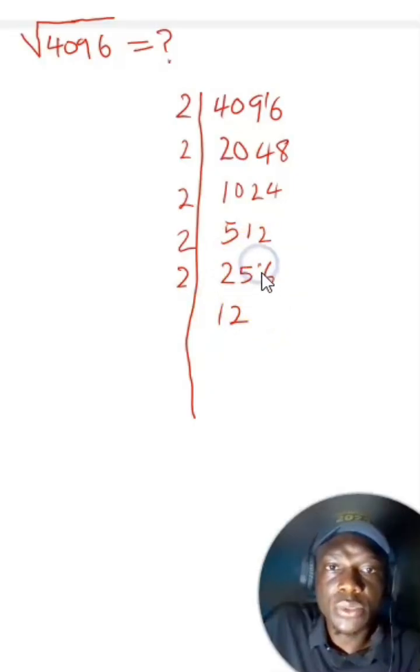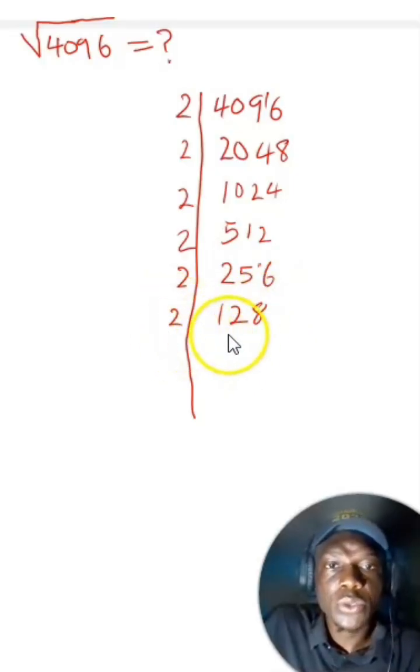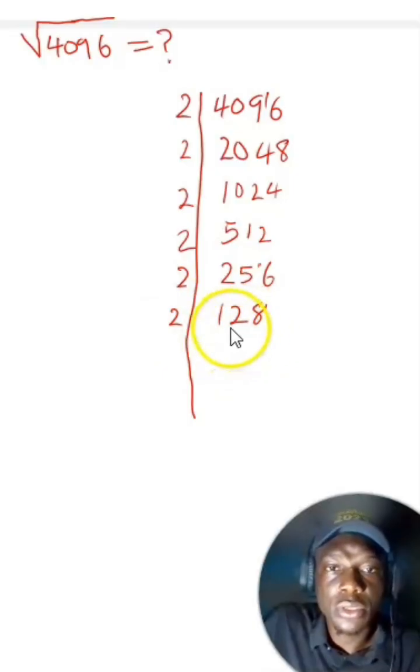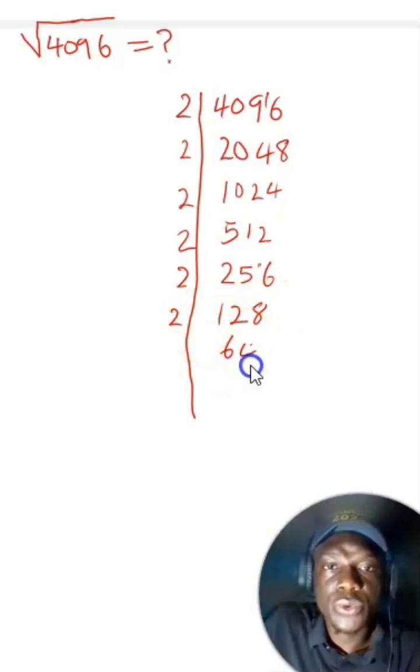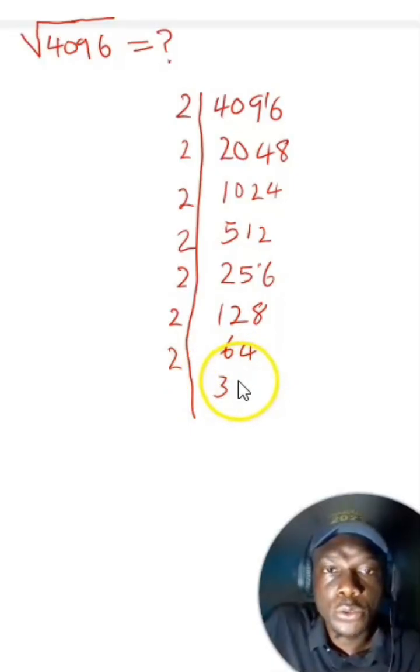You add that 1 to 6, it becomes 16. 16 divided by 2 is 8. We go again. 12 divided by 2 is 6. 8 divided by 2 is 4. We divide by 2 again. 6 divided by 2 is 3. 4 divided by 2 is 2.